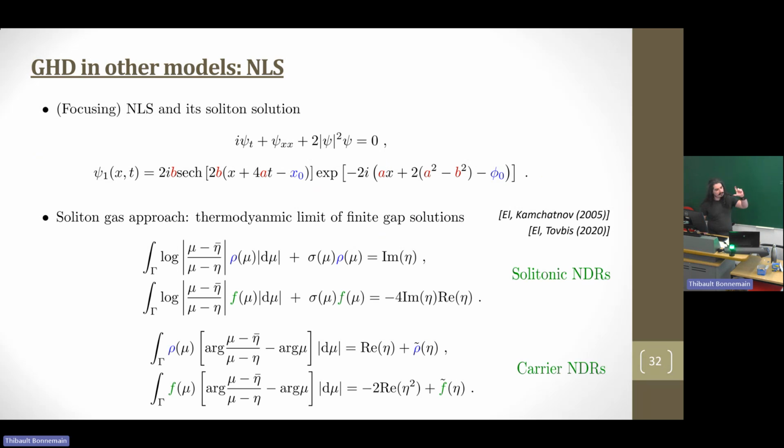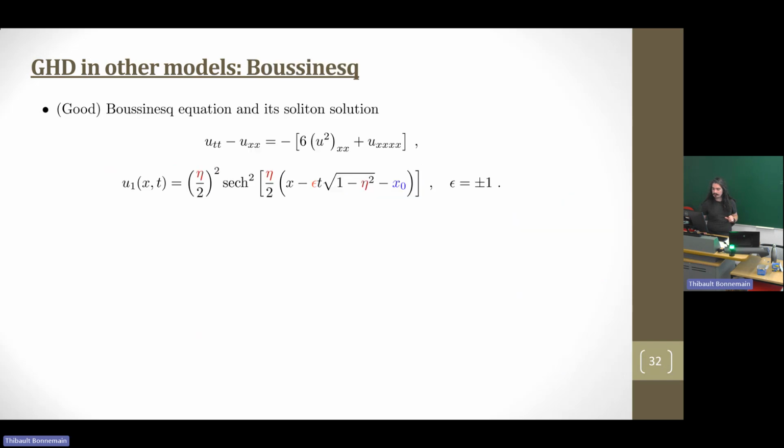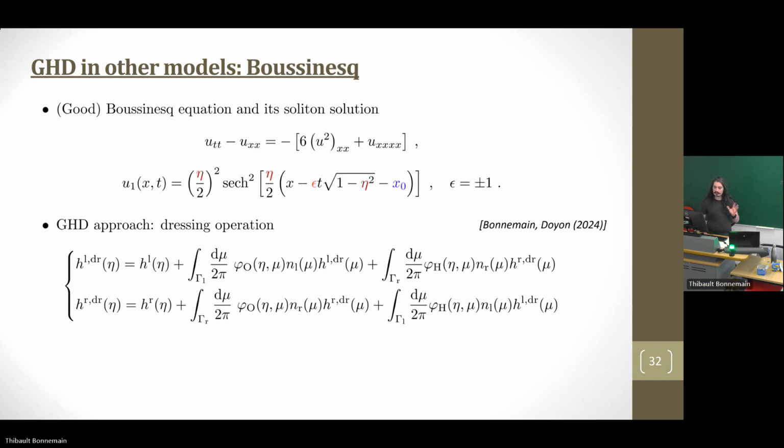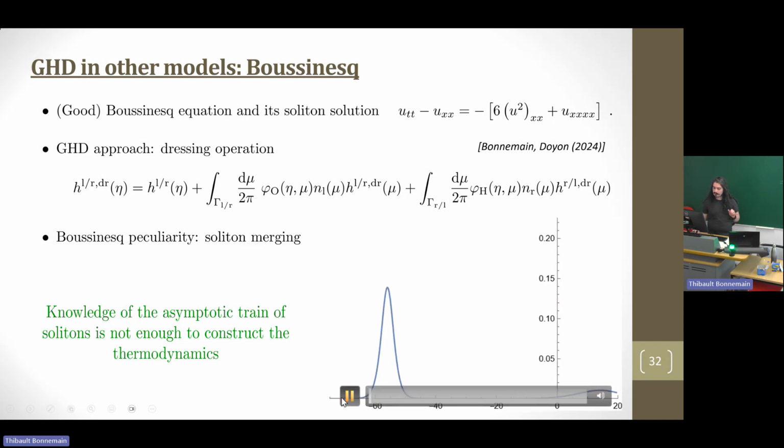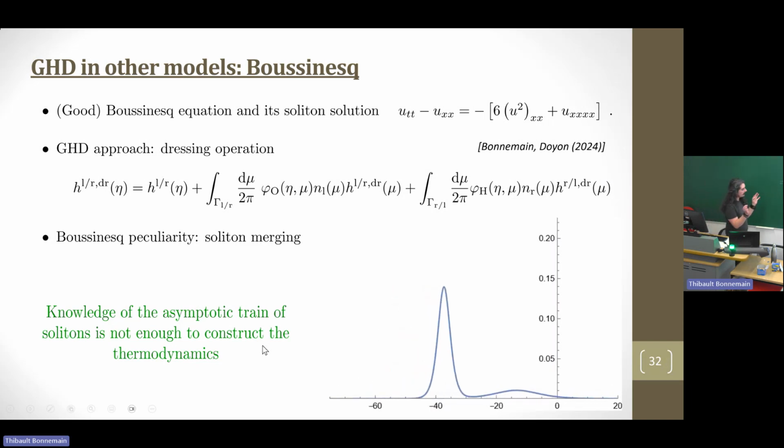Here you have two sets of nonlinear dispersion relations, so it would be interesting to understand. Boussinesq, I won't talk about, except that here you have some quirks like the possibility of soliton merging. So if you look at the asymptotic state, we don't have enough information to reconstruct everything. So that's an interesting thing.